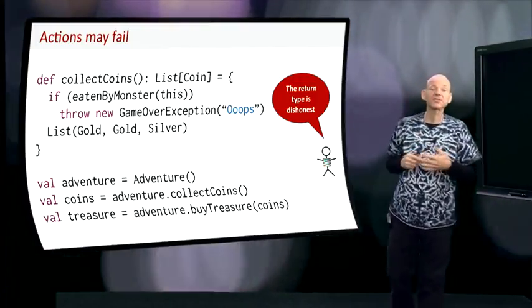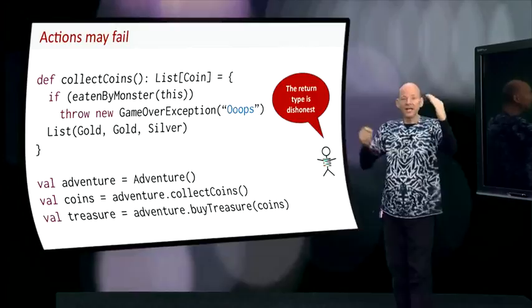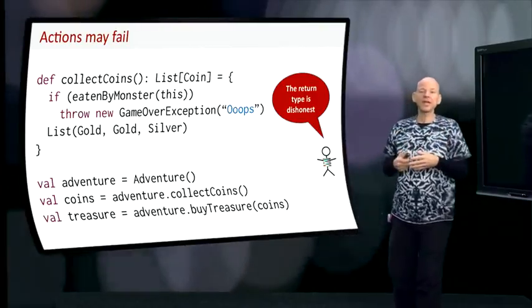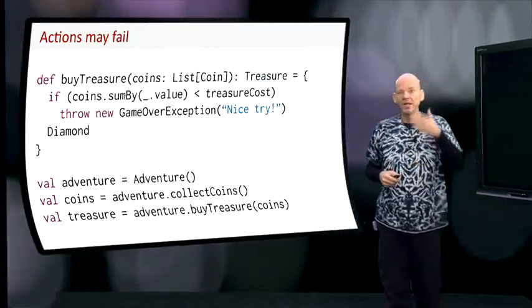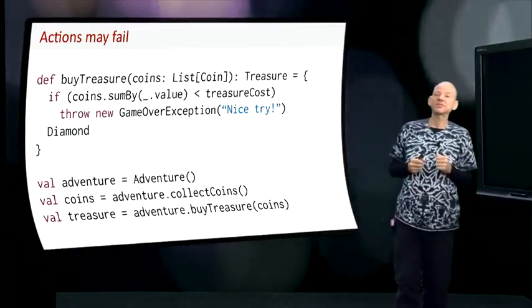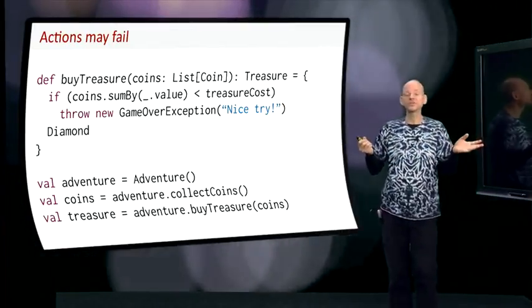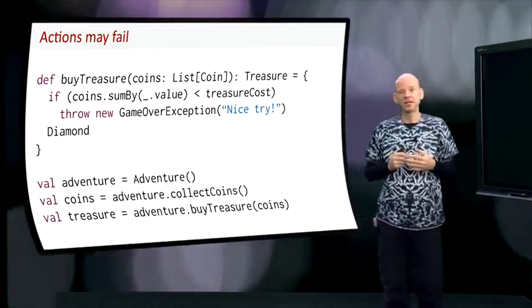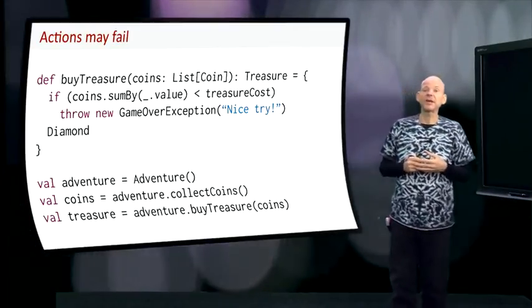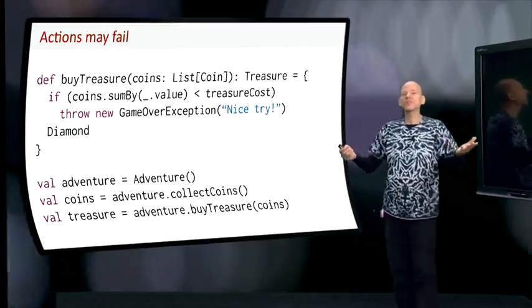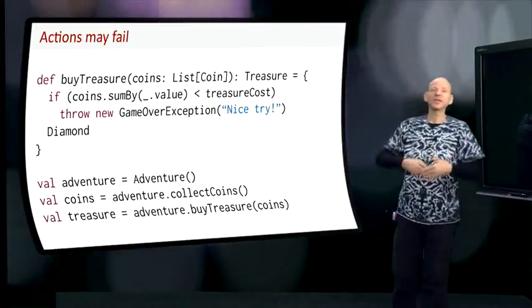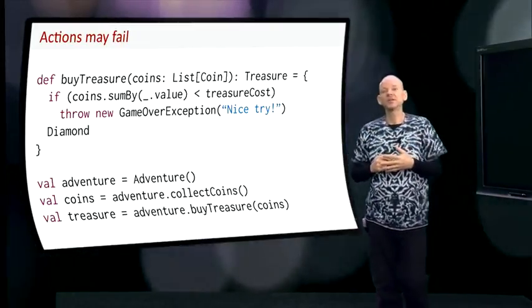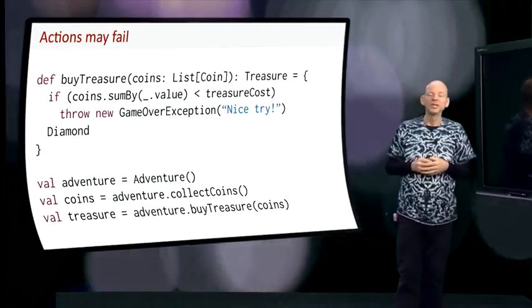If you look at that script, it doesn't show anywhere that anything can go wrong. And even if you have successfully collected all your coins without any exceptions, you can still get an exception when you're trying to buy treasure, because maybe you didn't collect enough coins, and oops, an exception is thrown.